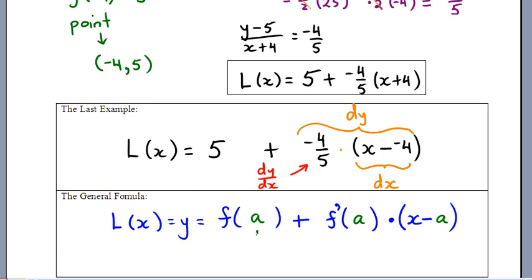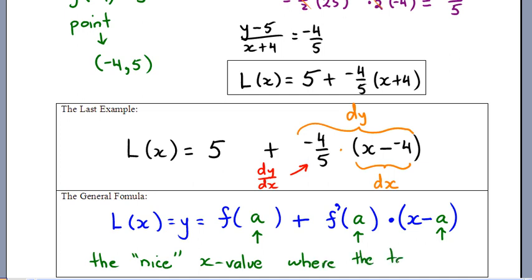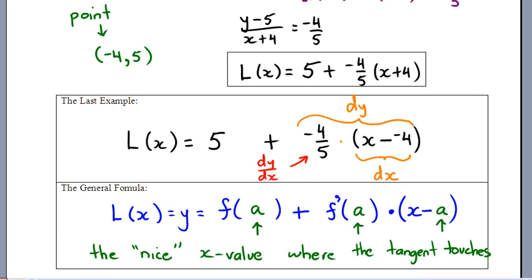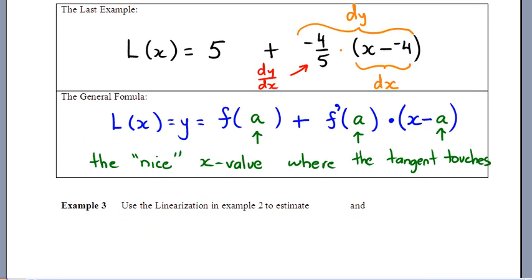So just commenting on where this a is coming from, it's some specific number, and for lack of a better way to call it, it's the nice x value where the tangent touches. You want to try to touch the graph at some nice, beautiful spot where you can do the numbers perhaps in your head.